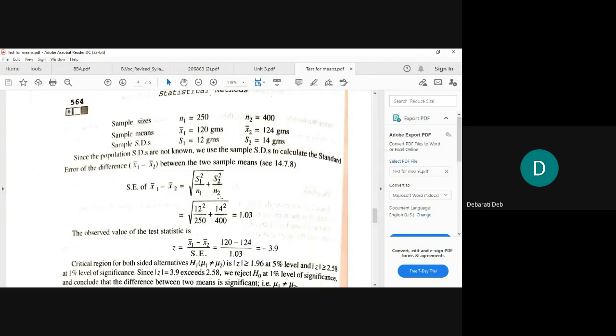Then you add these two numbers, and finally you find the root of this final number. Tell me whether you're getting this answer or not. 1.03 or not? Tell me.